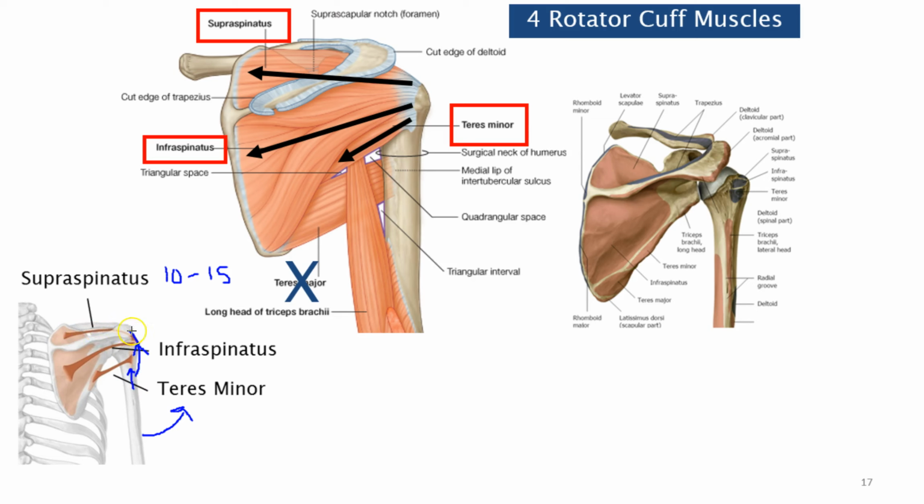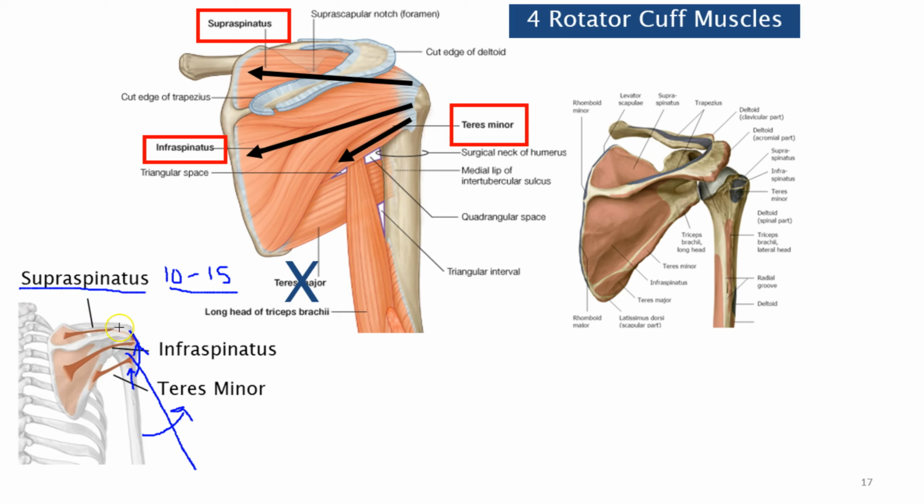Because of this arching orientation of supraspinatus, during the first 10 to 15 degrees, to help the arm to get to, let's say, here, the supraspinatus is going to do most of the work. After that, the deltoid is a much bigger muscle. It's going to do a lot more abduction after 15 degrees. But that doesn't mean the supraspinatus is not working during that time.